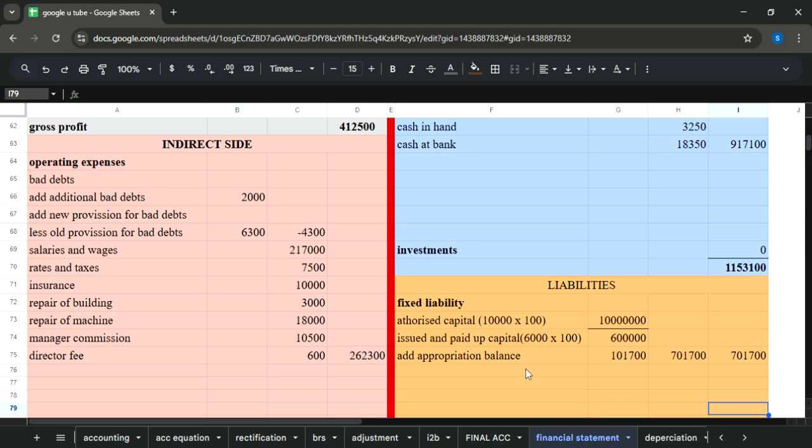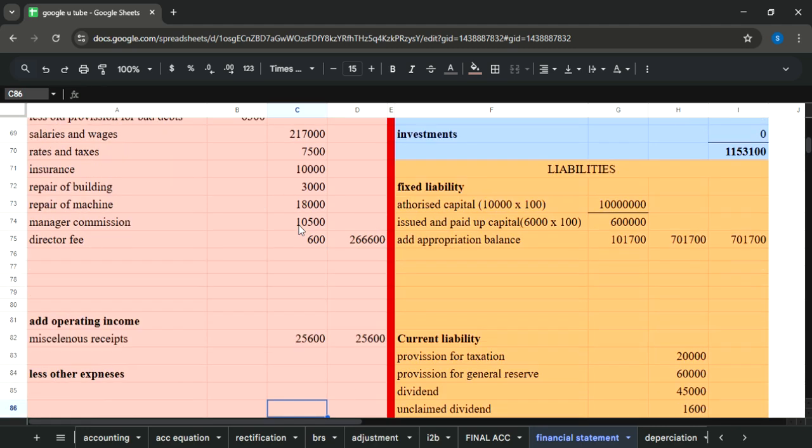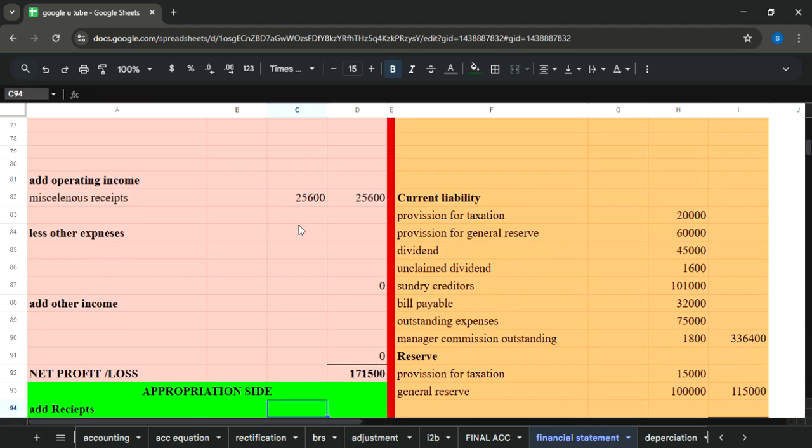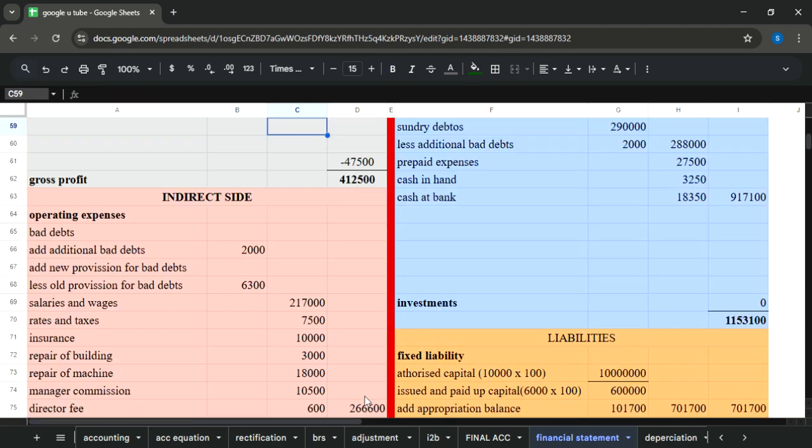And what would be the magic? You will get the same answer which is now available. 11,5,300 is the answer of the balance sheet right now. And what we will do, we will transfer this 4,300 into it. So let's start. I'm going to erase it. 4,300 is erased. And now the net profit which we have got is 171,500.